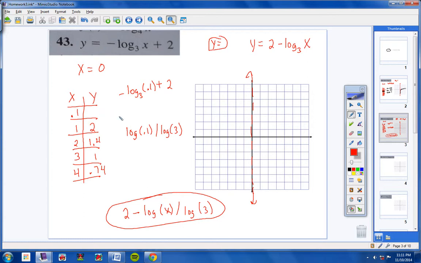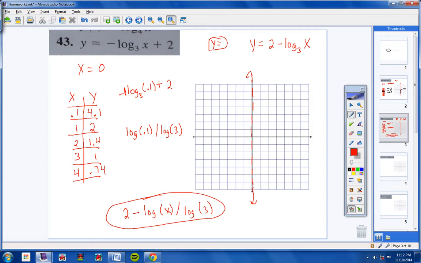I would then hit times negative 1, because there's really a negative 1 right here. So hit times negative 1, enter, and then hit plus 2, enter. And if you do that correctly, you will get 4.0959, so 4.1. Okay?